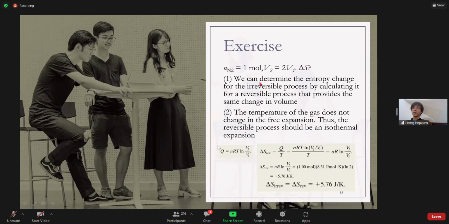So you see here, you cannot calculate the change in entropy in a direct way, because in free expansion the heat equals 0. Good. But if you do like this, then you can calculate the change in entropy for our free expansion process.